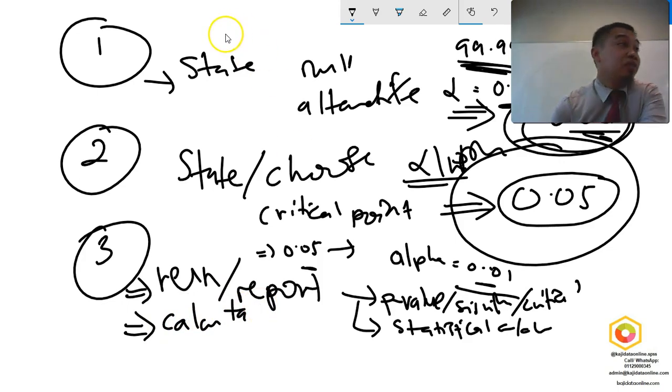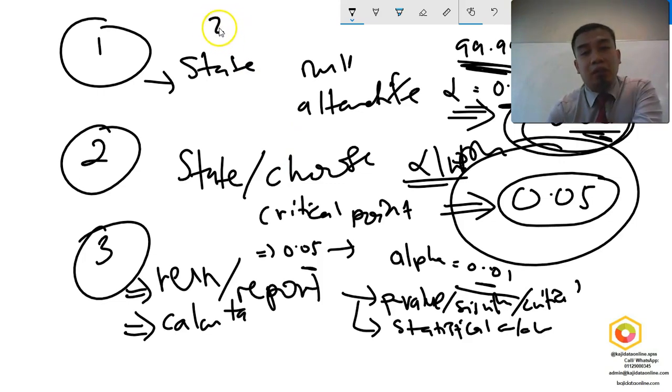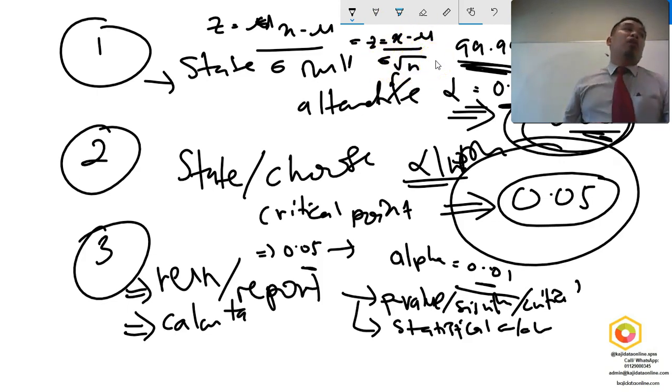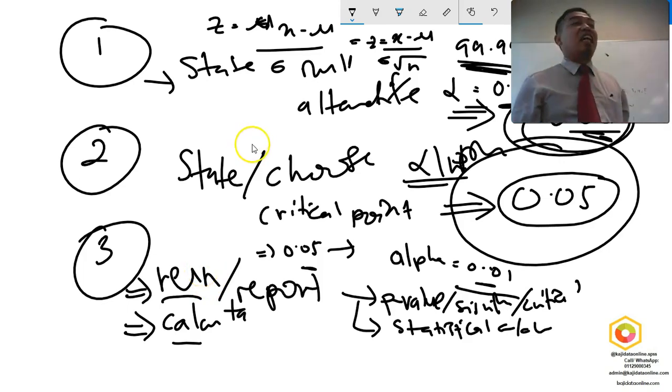For example, they want to know the Z distributions of the data, so they need to estimate the Z. First Z is equal to x minus mu divided by sigma, and then they need to do the hypothesis test: Z is equal to x minus mu divided by sigma over the square root of n. So this one is about the hypothesis testing that they need to calculate, not for you. You don't calculate, you just run. You know run? Run, running away from the calculation.